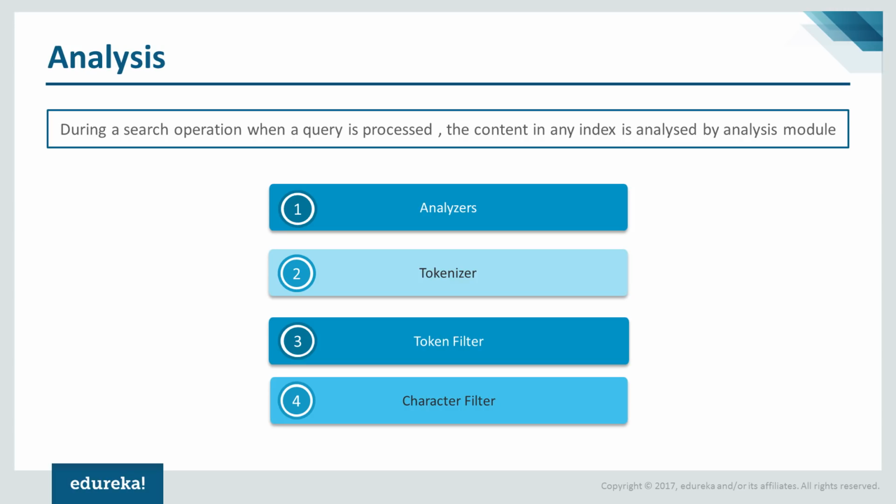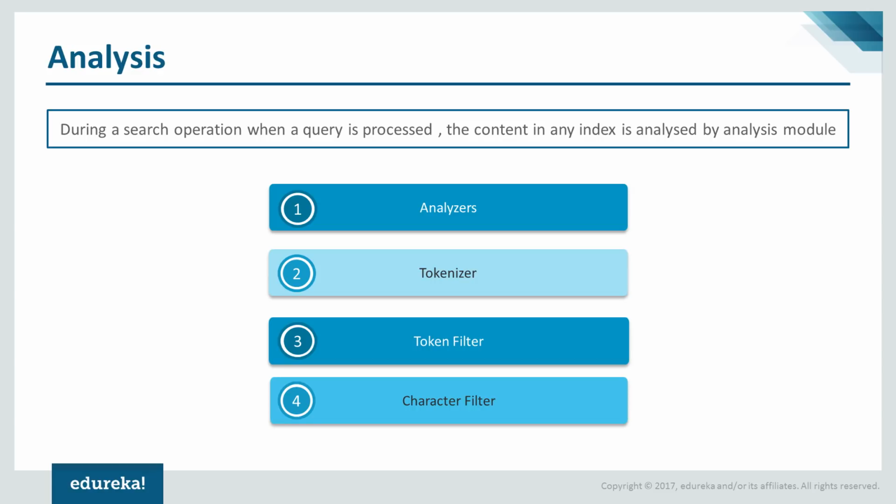Analysis plays a very important role with respect to how the data is actually stored. During the search operation, when a query is processed, the content in the index is analyzed by an analysis module. The analysis module contains analyzer, tokenizer, token filter, and character filter.